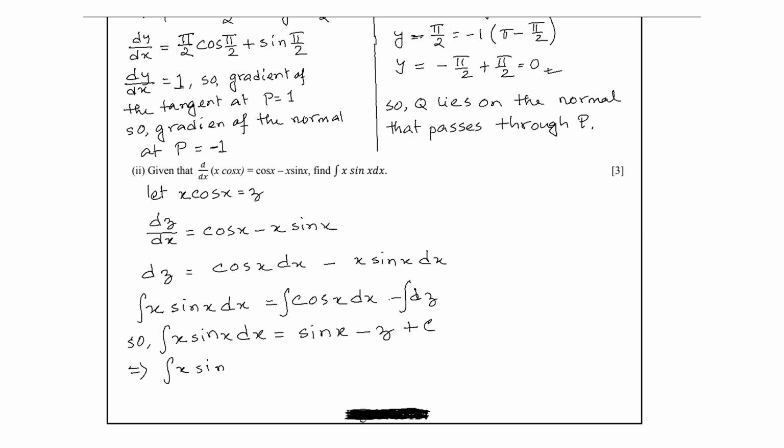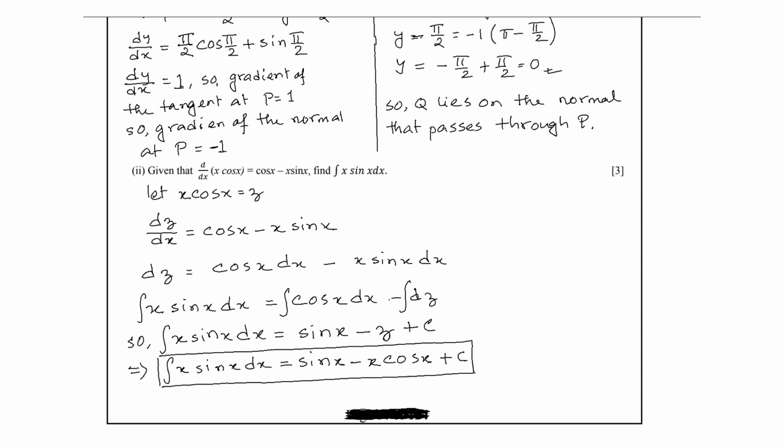So we can write the integration of x times sin x dx equals sin x minus x times cos x plus c. So this is the integration of x times sin x dx.